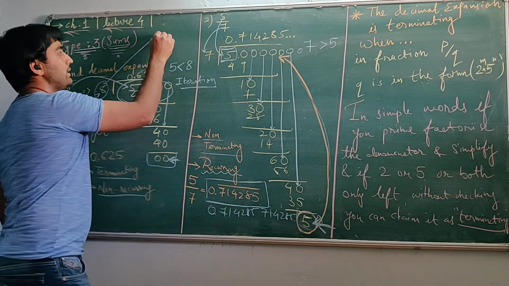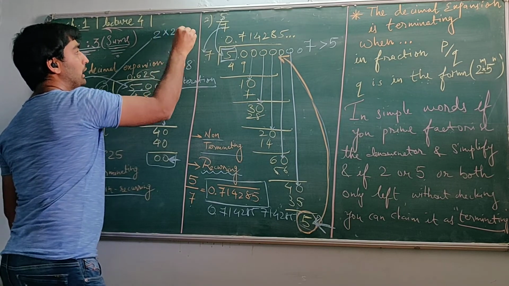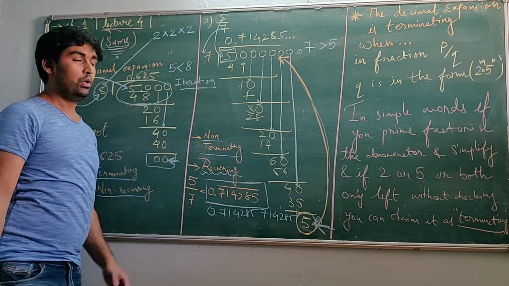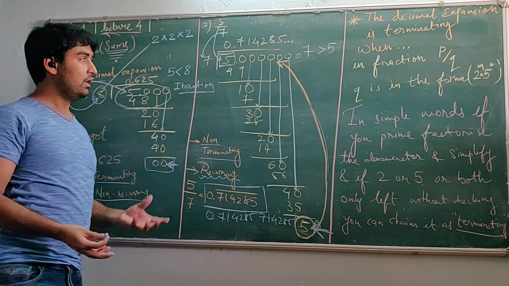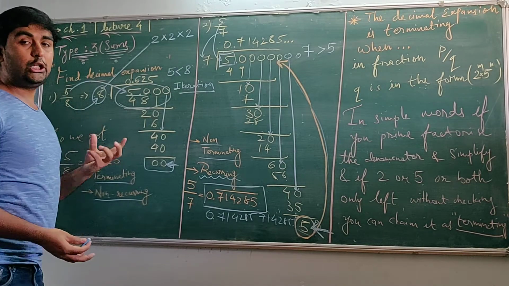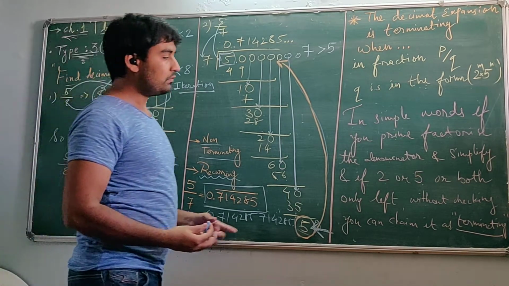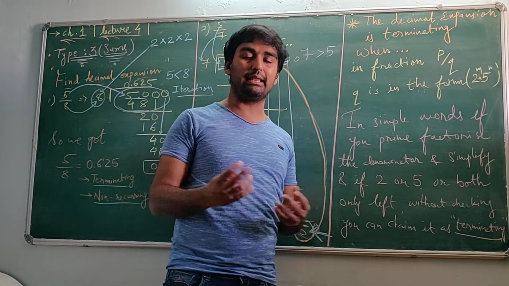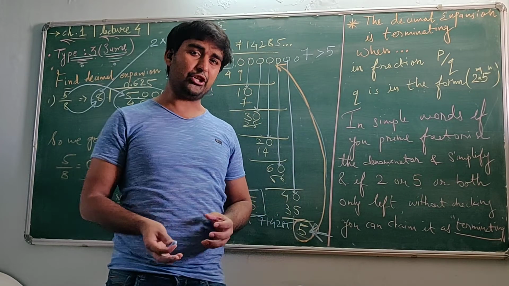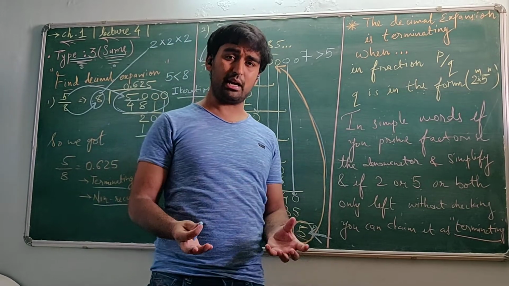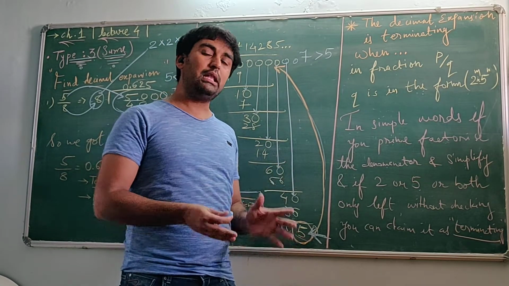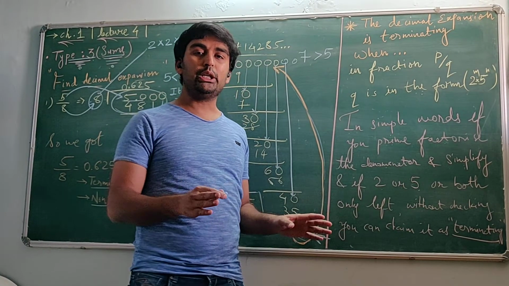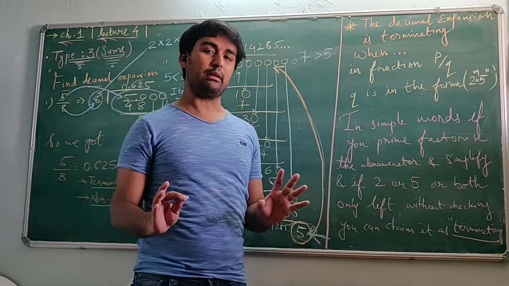So when there are only 2's in the denominator, or only 5's, or their combination, like 10, 100, 1000, directly you need to claim that it is terminating.